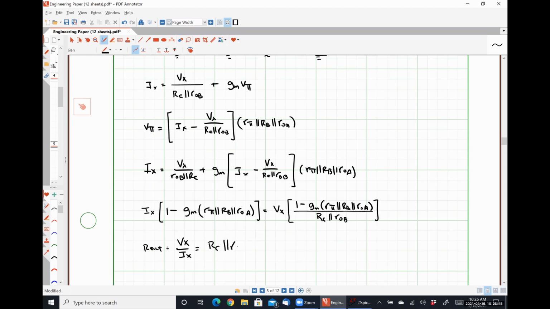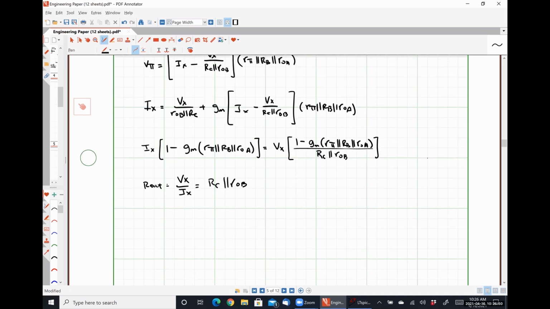RC in parallel with R naught B, which gives us an overall voltage gain AV of V out over V in, the same as negative capital Gm times R out.